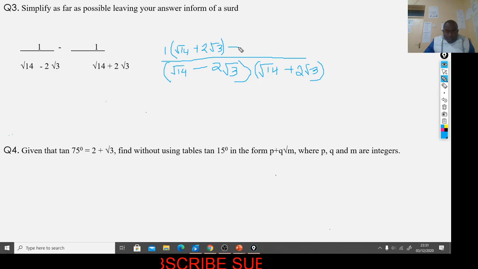then minus this one comes here these times, so minus 1 into brackets root 14 minus 2 root 3.